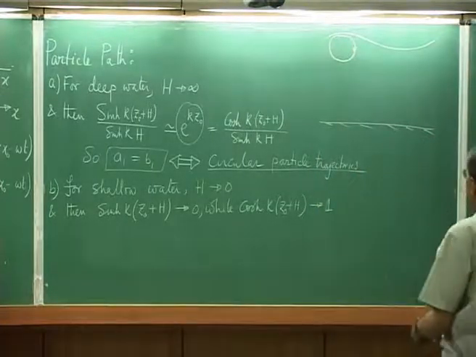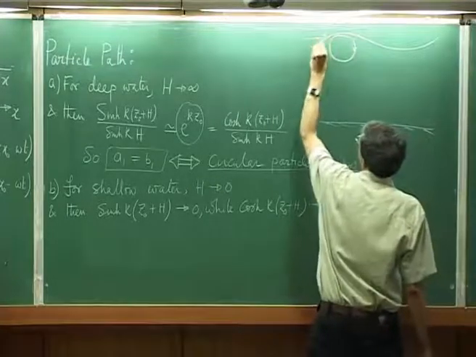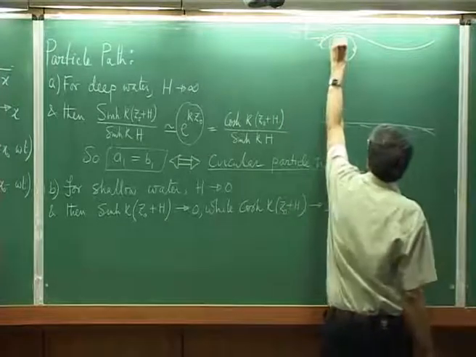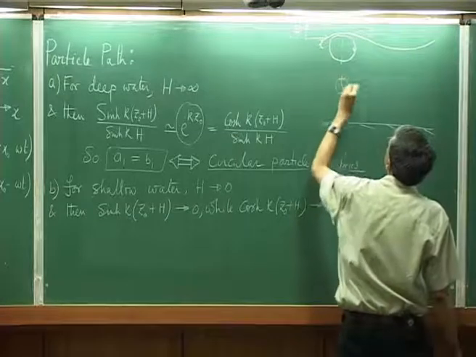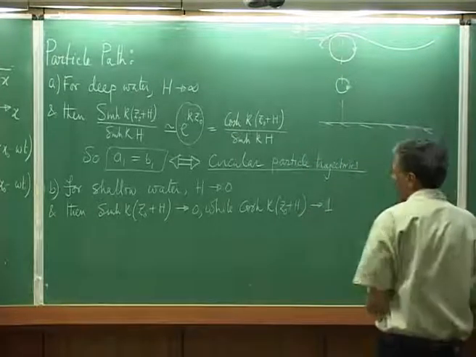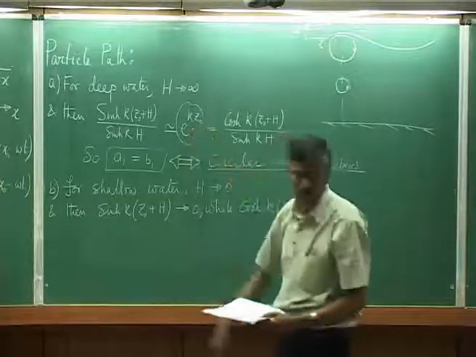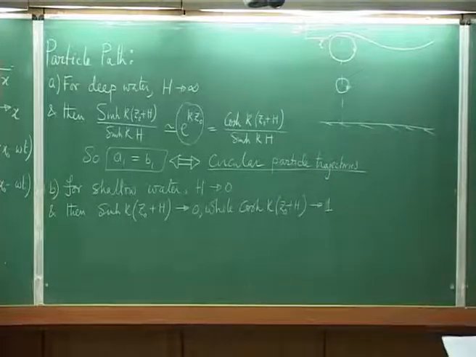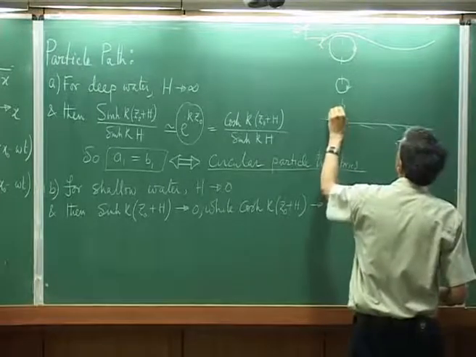And as you keep coming down, so this is your datum for the z axis, you are going to see circles of smaller and smaller radius. That is because of this factor: e to the power k z naught will keep decreasing, because z naught is negative there. As you go down, you will get these.